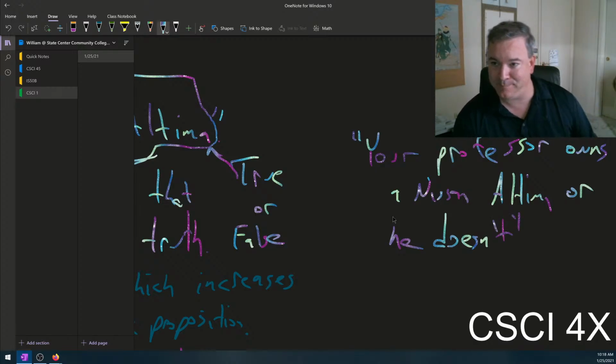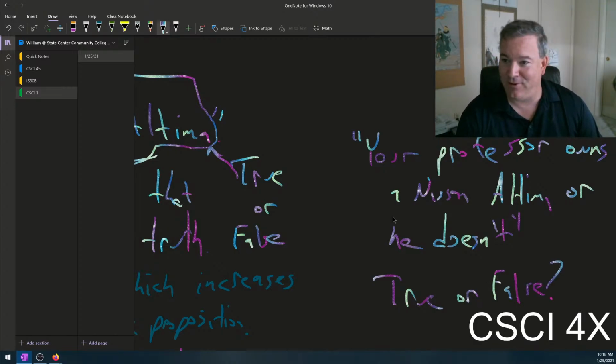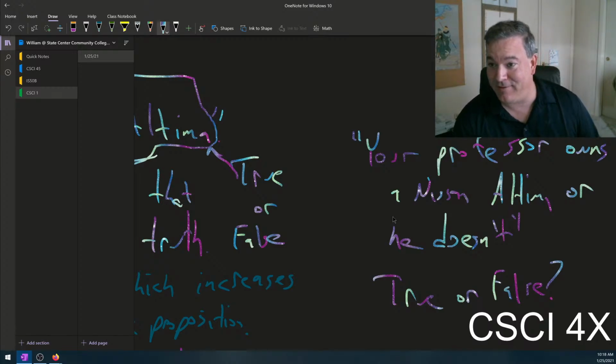What do you guys think? Is this statement true or false? Let's not turn the R into an F. Is this statement true or false? Either your professor owns an Altima, or he doesn't. Yeah, that's true. Good.